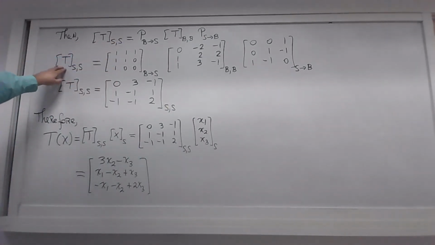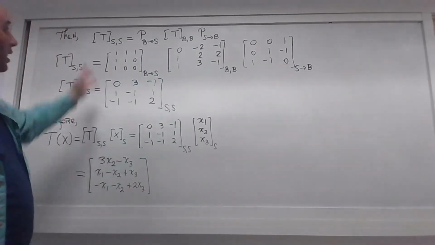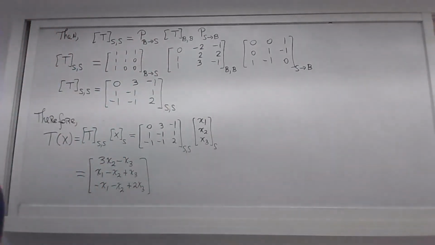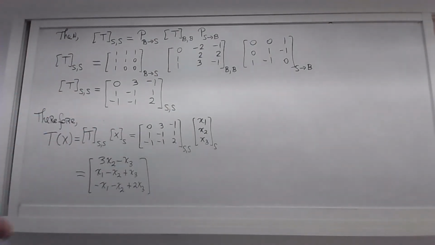The standard matrix will be all these three matrices multiplied. We multiply two at a time, so it's going to take some time, obviously. Once you're done, if no errors, you get something like this, the standard matrix. So this is the standard matrix, or representation matrix relative to the standard basis, as you like.